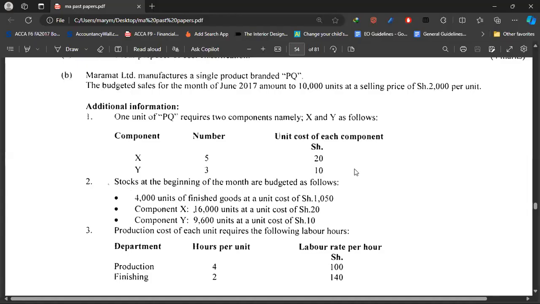Someone is going to be reading this question for me. Let us start with Laura. Laura, to read the question, please.